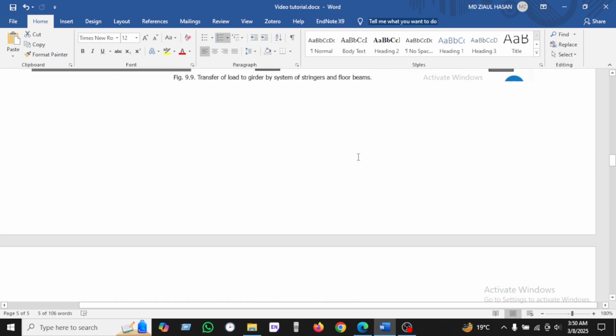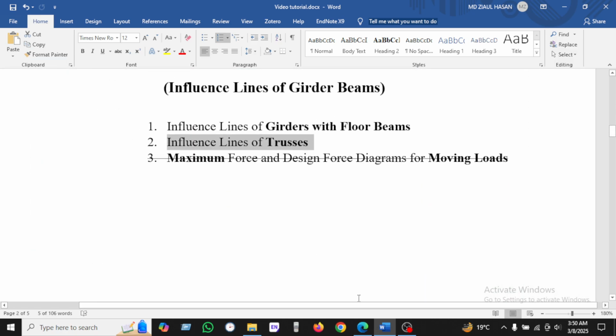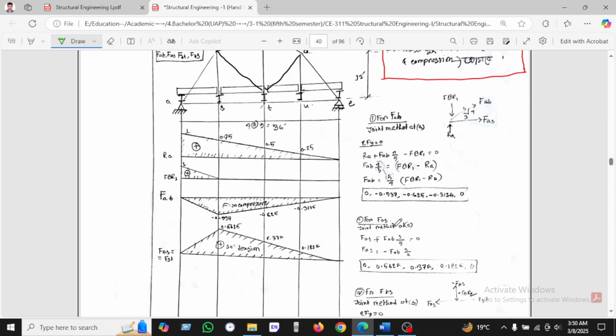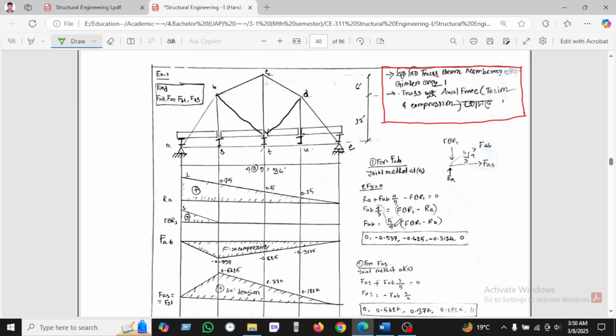Okay, let's see. So now we will calculate the floor. What will we calculate?